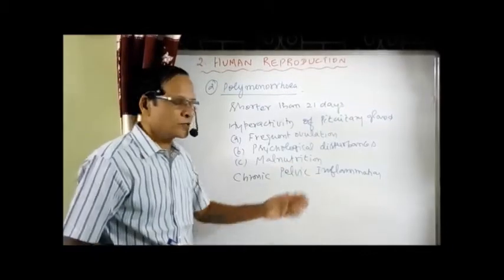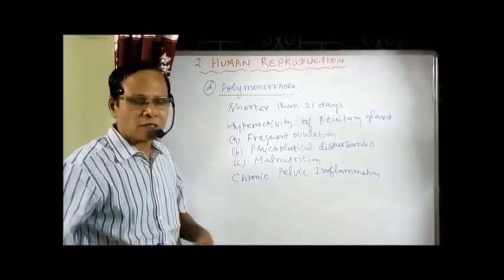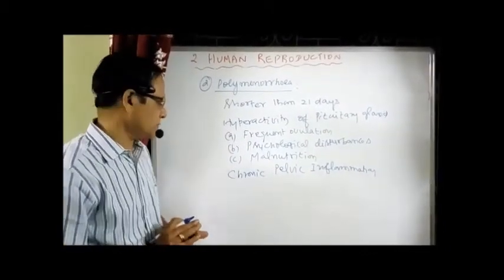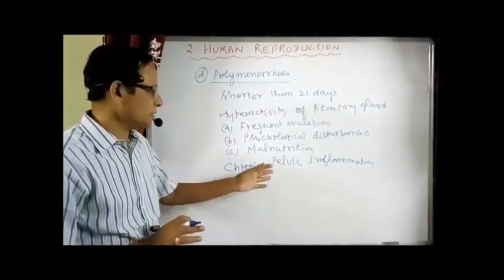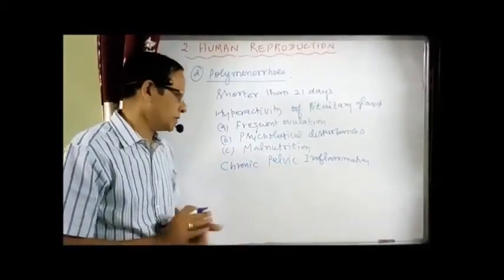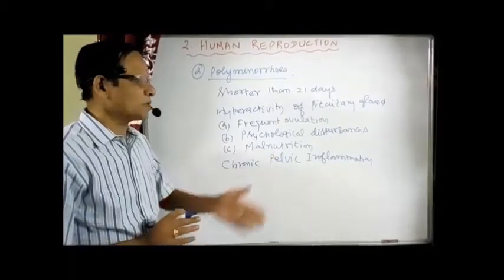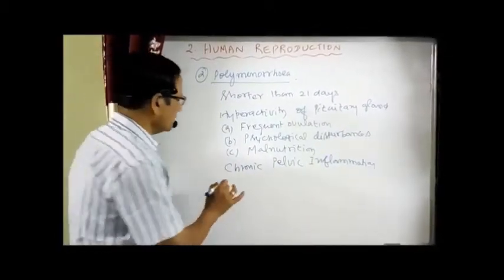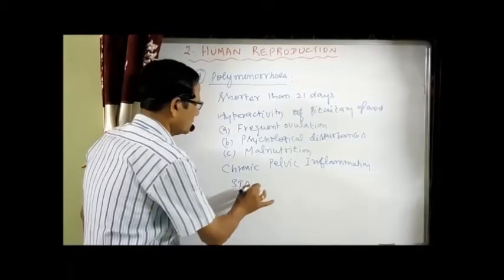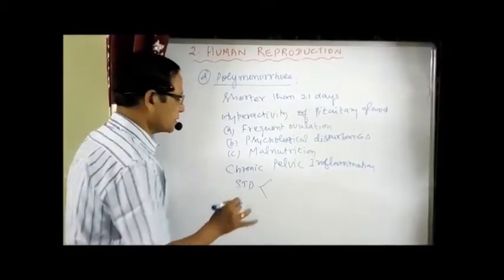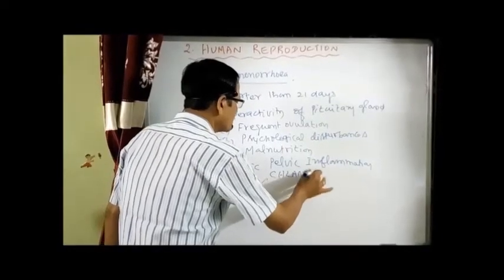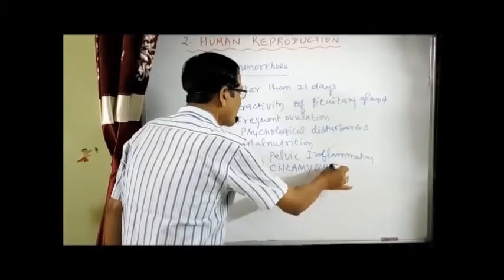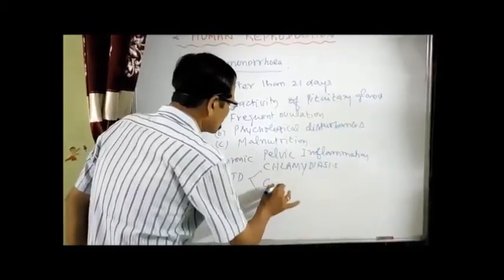Chronic pelvic inflammation refers to various disorders in and around the female reproductive system, lasting a long time and affecting the various organs in the pelvic region. It is normally caused by STDs, for example, chlamydiasis and also gonorrhea.